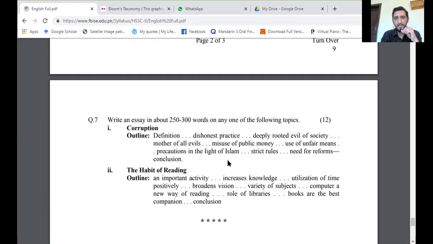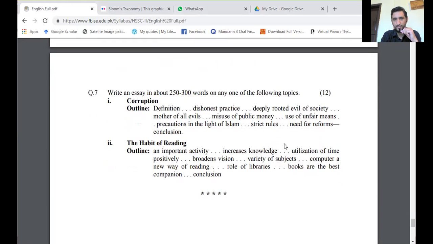How has Islam guided us about avoiding corruption and strict rules to be followed, suggestions, need of reforms, and then the essay concludes here. The essay carries 12 marks, and this is also an important part of the paper, as well as for you to be able to do well in life.